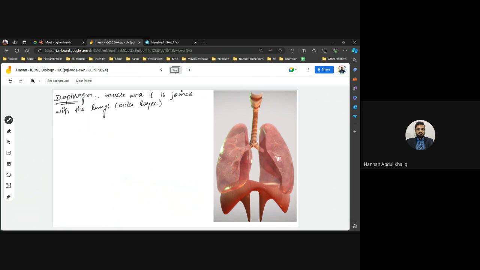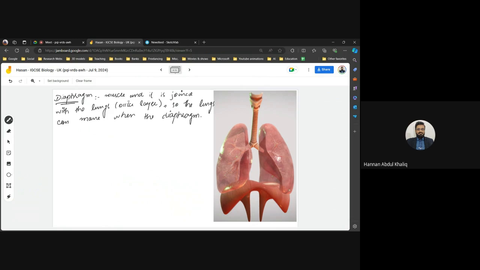Which means the lungs can move when the diaphragm moves. So this basically is the idea of attaching the diaphragm to the lungs.